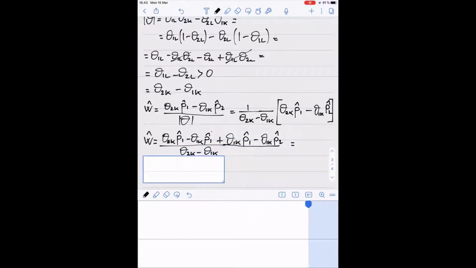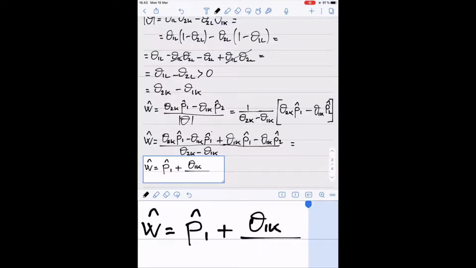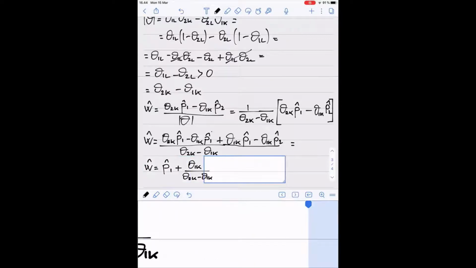And doing this, what we obtain is that w hat equals P hat 1 plus theta 1K over theta 2K minus theta 1K times P hat 1 minus P hat 2.